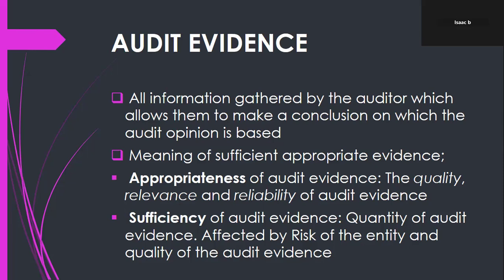If the business is risky, then we have an obligation to sample a lot of items so that we can inspect or observe as many aspects of the business as possible, so that we can obtain a lot of audit evidence, and that's quantity. So sufficiency is quantity, and appropriateness is quality, relevance, as well as reliability of audit evidence. I don't know if you have any questions so far.